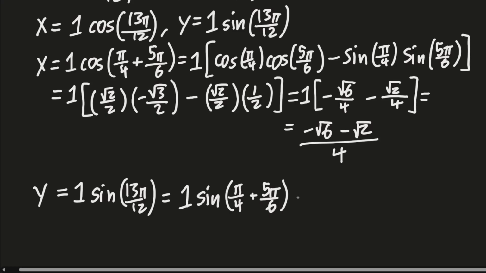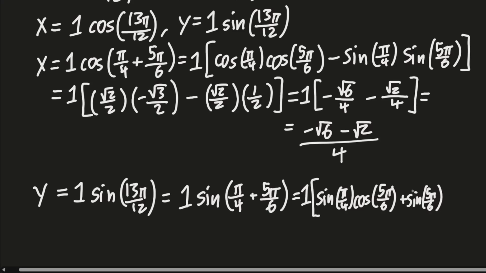So when we expand that, it would be equal to 1 times sine of pi over 4 times the cosine of 5 pi over 6 plus the sine of 5 pi over 6 times cosine of pi over 4.